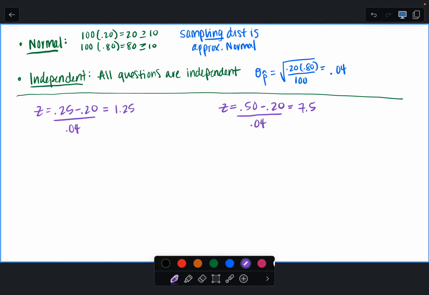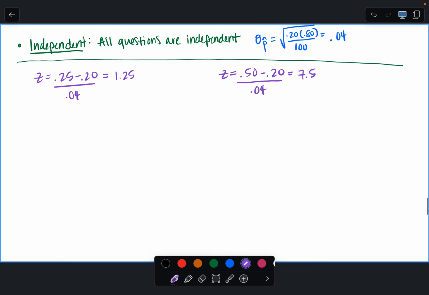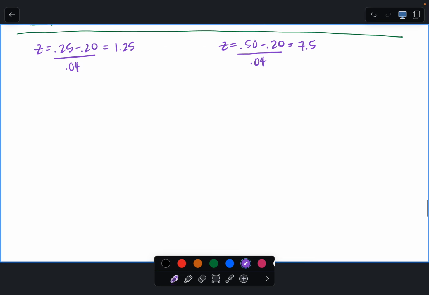And if you remember anything about normal distributions, we had a rule called the 68, 95, 99.7 rule. So that meant 68% of our data was within 1 standard deviation, 95 was within 2, and 99.7 was within 3. So when you get z-scores like 7.5, which are way outside of 3, the likelihood of them happening is very, very low.